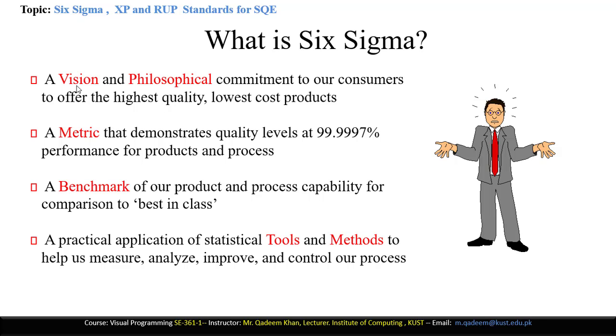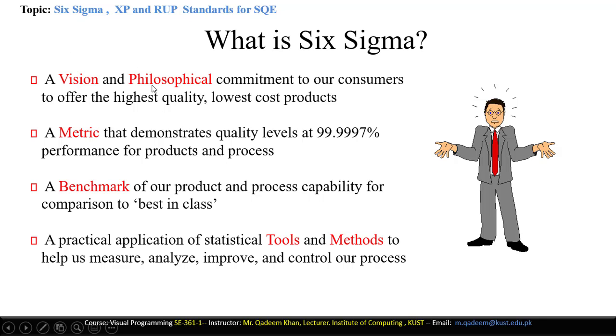The vision provides particular insight into the quality. For example, if you want to improve the usability or portability or efficiency of the products, that will be the vision. So the vision will help an organization to improve the performance of the software process.